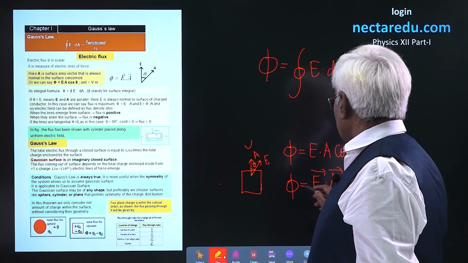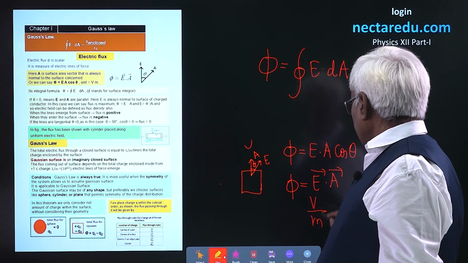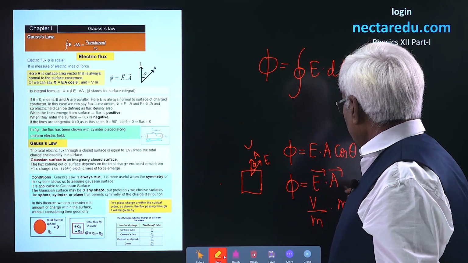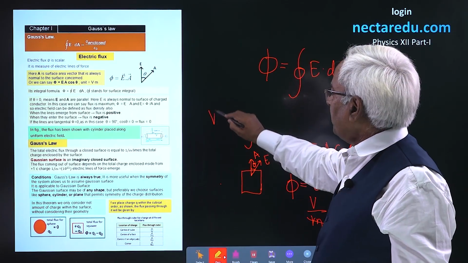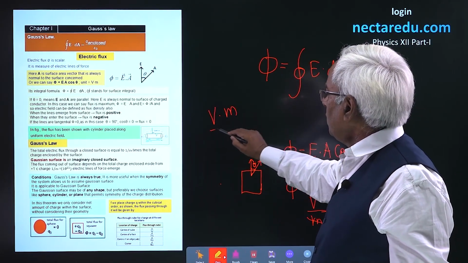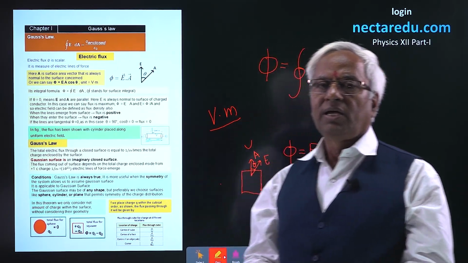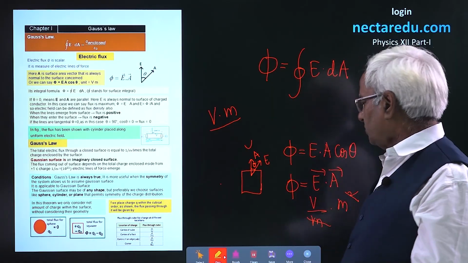The unit of this electric flux is going to be volt upon meter for electric field, meter square for area, it gets cancelled. The unit of electric flux is volt meter. So, we have known two things, what's flux and how it is based on number of electric lines of force.